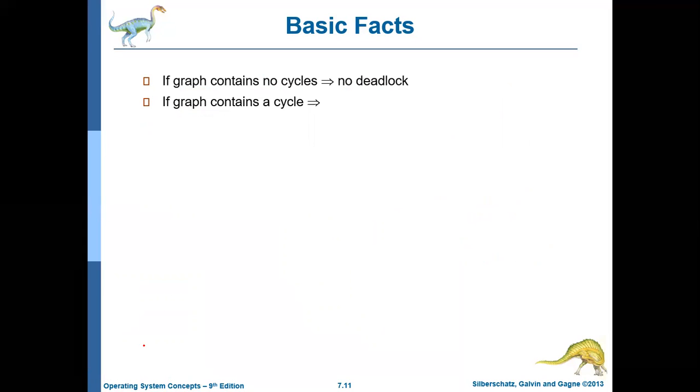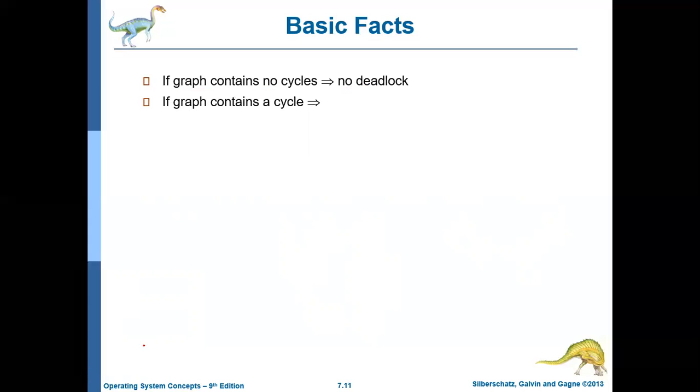If there is no cycle, then you can confirm that there is no deadlock. But if there is a cycle, then you cannot confirm. There may be a deadlock or there may not be a deadlock.